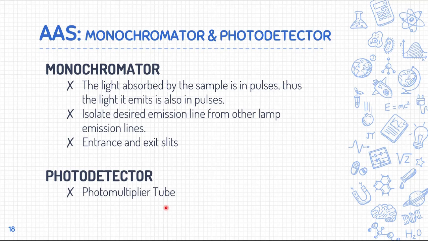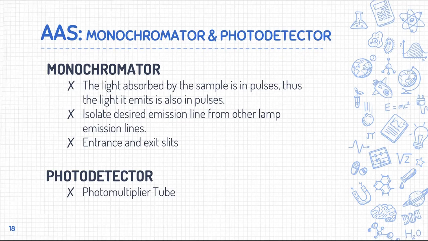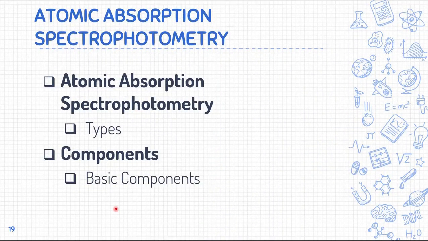So, in a nutshell, in simpler terms, your photomultiplier can detect quick pulses of light now coming from your sample or from your atoms. That's why when it comes to photodetector in your AAS, we only talk about one, and that is your photomultiplier tube.